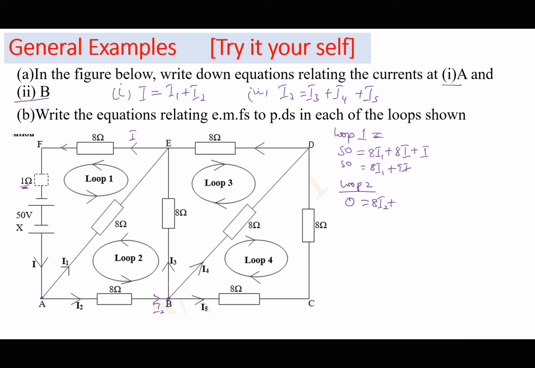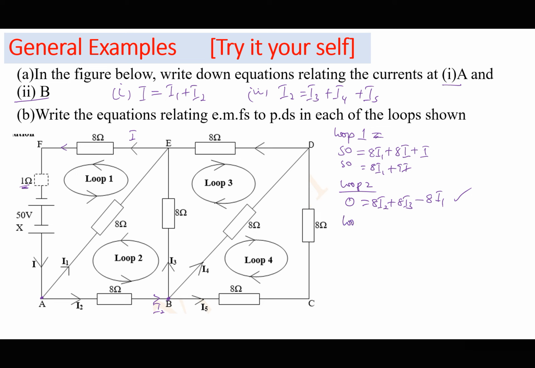Plus B to E, the current is in the same direction as the loop, so it will be 8 I3. E to A, the current is in the opposite direction to the loop, so it will be negative, minus 8 I1. So that is the equation for loop 2.